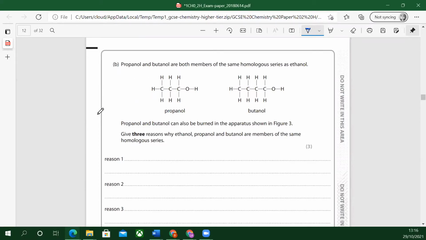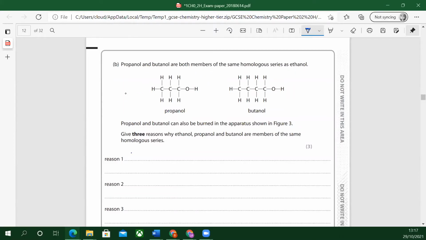Okay, give 3 reasons why ethanol, propanol, and butanol are members of the same homologous series. So it means what they all have in common with each other. There's quite a lot of things that you could answer for this one. They all have the same functional group. That actually makes them an alcohol and gives them that 'ol' sound at the end.